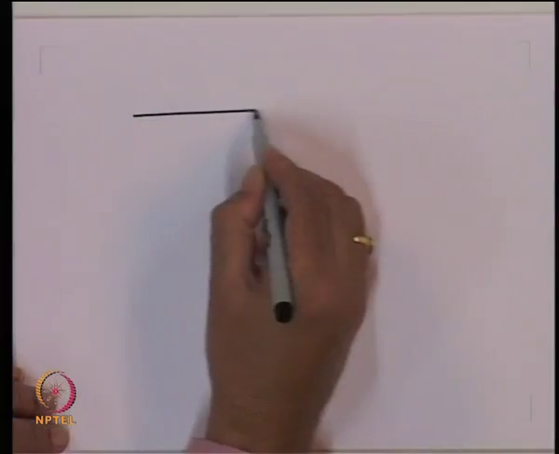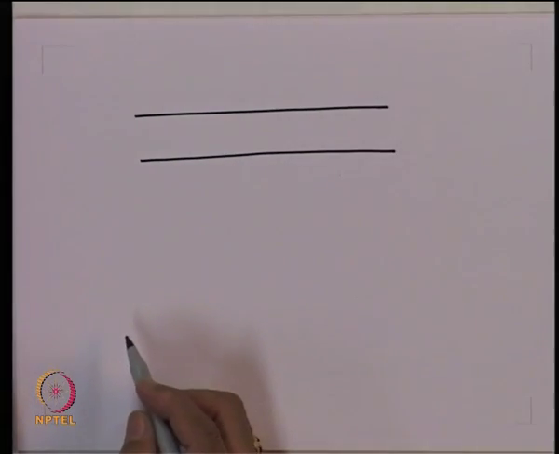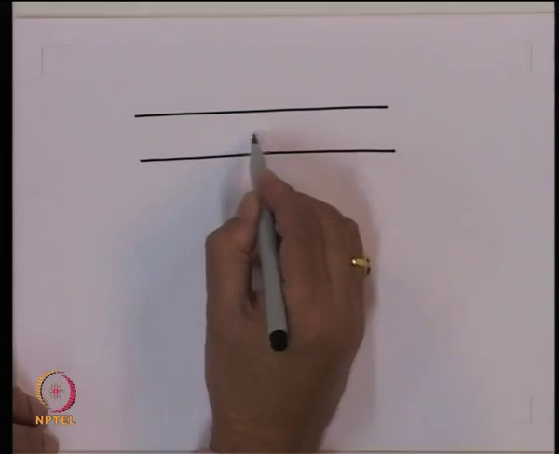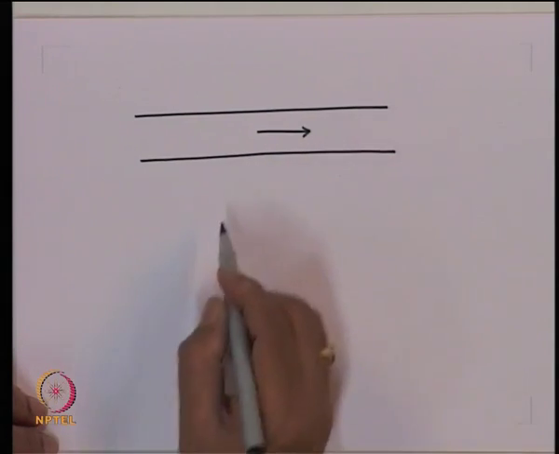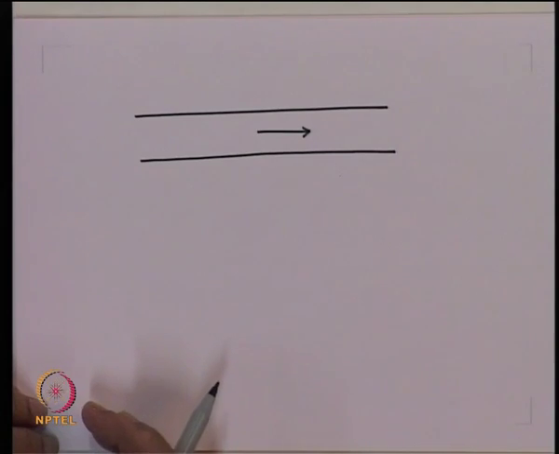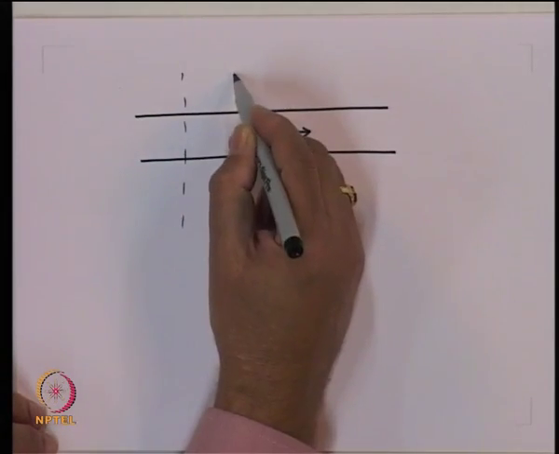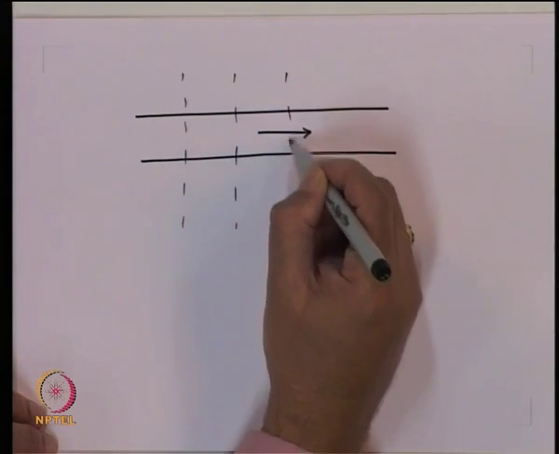First let us consider the straight fiber. If you have a fiber which is straight like this, then the mode propagates inside it, and the phase fronts are perpendicular to the axis of the fiber. So, you have the phase fronts which are parallel planes like that.